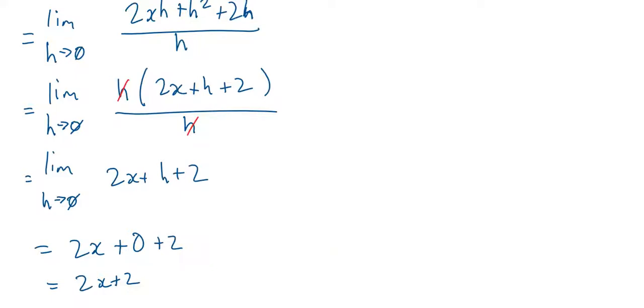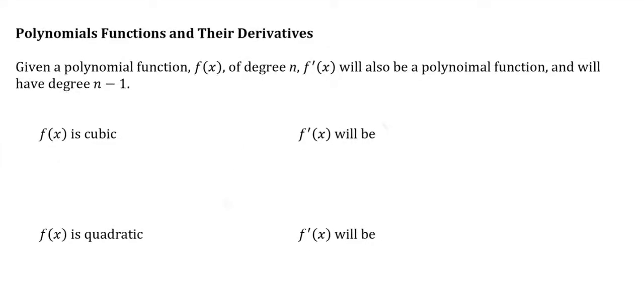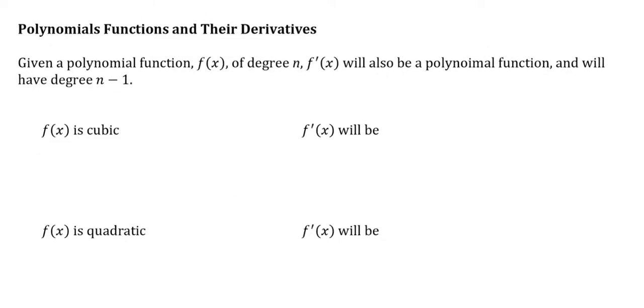So what we talked a lot about today is how the derivative of a function is a function in itself. It has properties that we can analyze, and some of those properties tell us really important things about the original function. And so they're closely related. The derivative and the function are closely related.